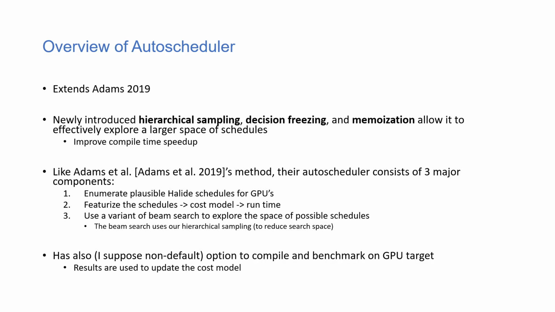It uses a variant of the beam search that Adams is using to explore the state space, and I understand that the variation is the usage of strategies like hierarchical sampling. They also have the option of benchmarking the options on the GPU target, and basically use that to update the neural network cost model.